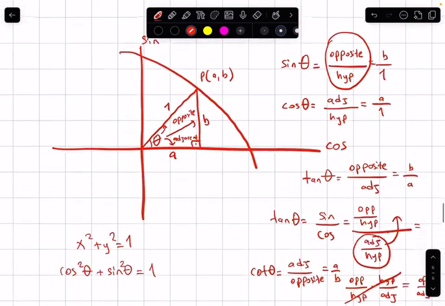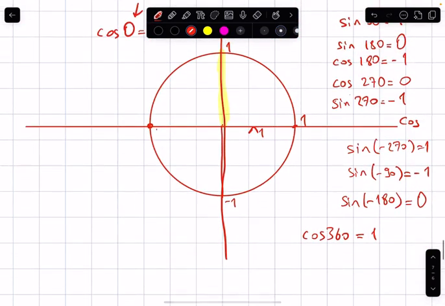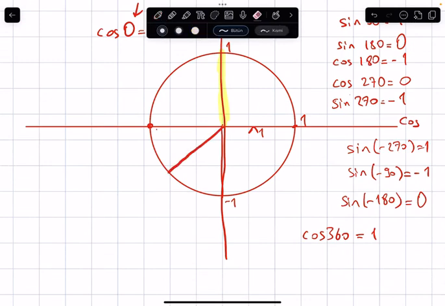I hope you understood some concepts. Let's give another example. For example, let's say this part. Let's assume this is 220 degrees, okay? Now, I want to show you this.